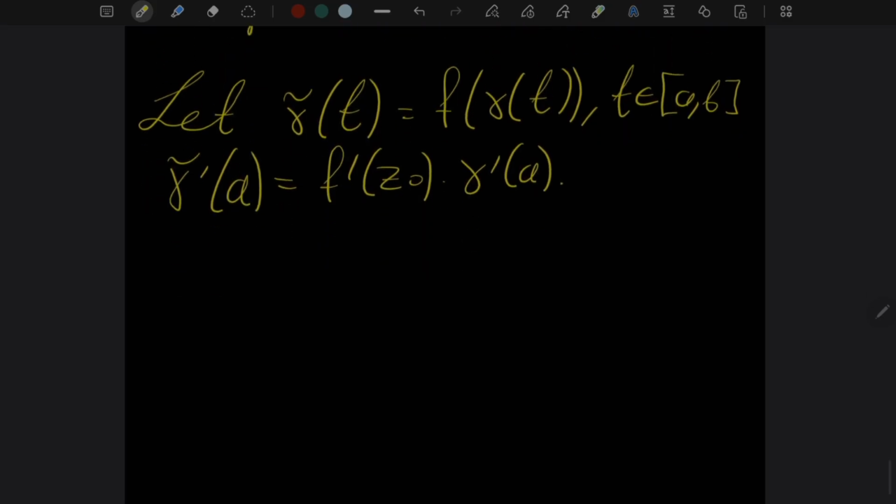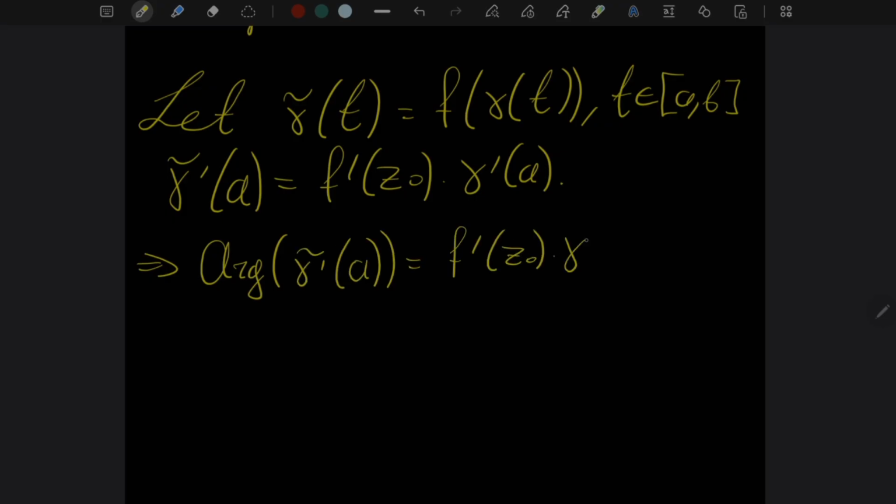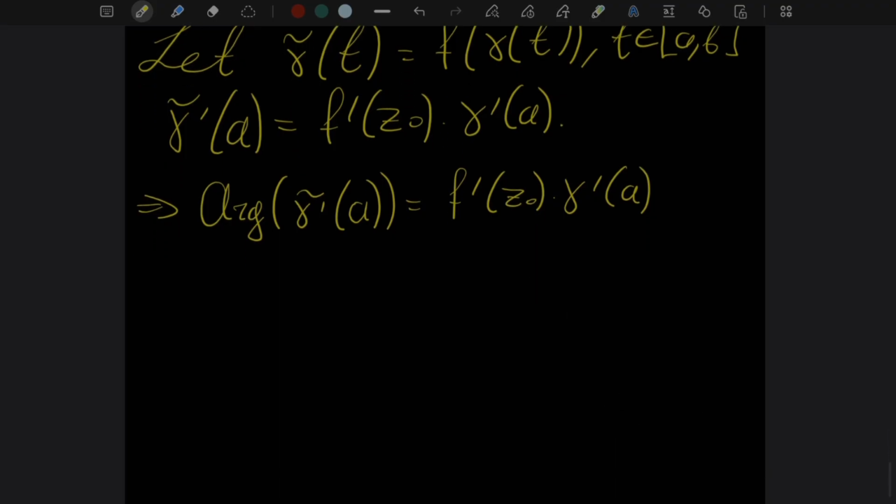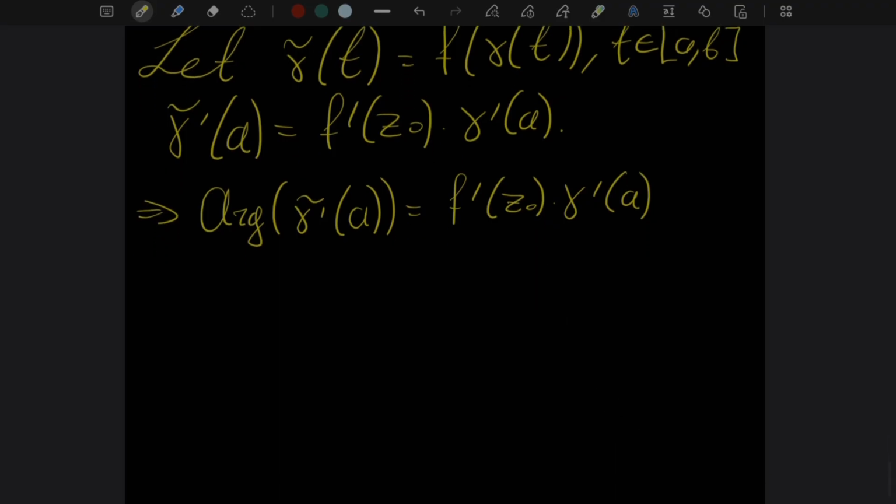And now we would like to look at the argument of the derivative of our function. So we take the argument of the mapped curve. Of course we have the principal argument here. And that, of course, is the value of gamma at A. And now we can use... I forgot to write the argument.